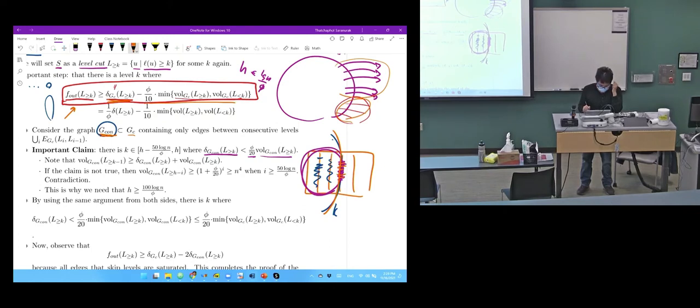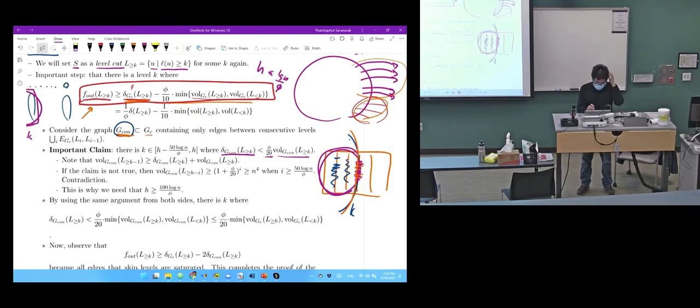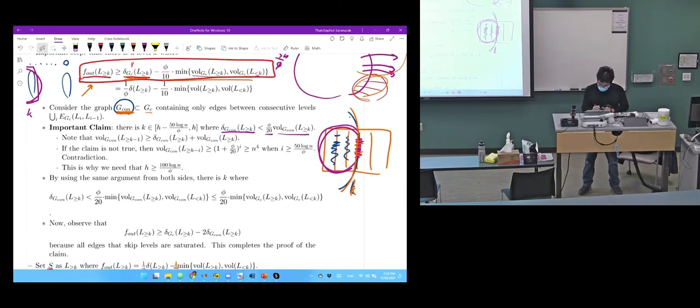Okay. So just take that level. Let's say level K is sparse in G-con, consecutive. And now, we have level K such that the cut size is small. By small, I mean phi over 20 times the volume.